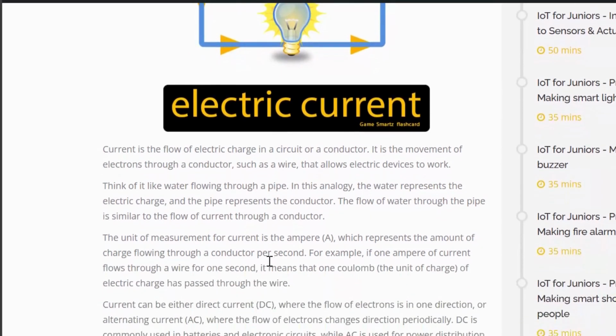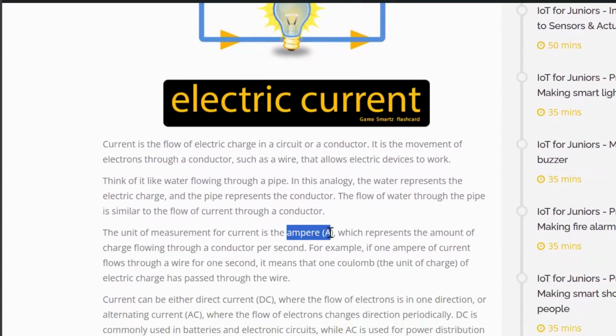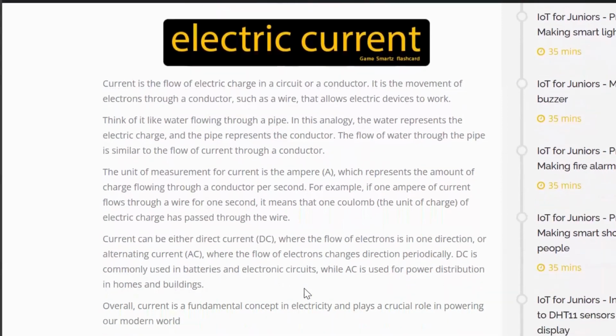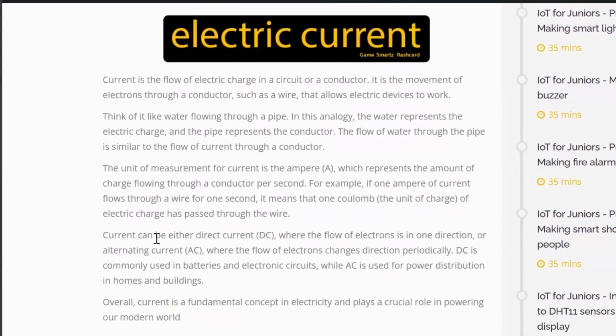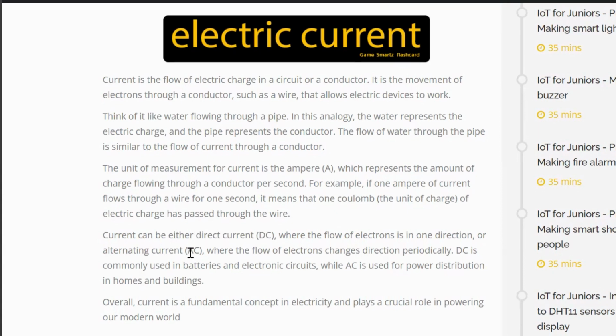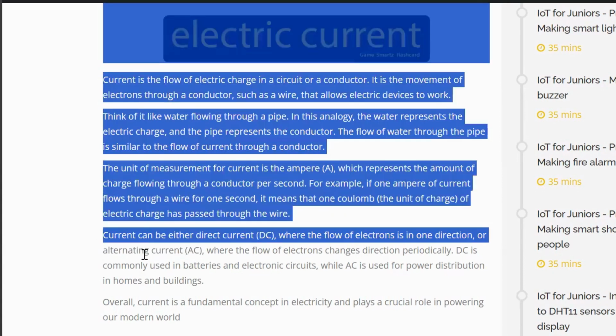So the SI unit for current is amperes. And there are two types of currents, direct current, known as DC, and alternating current. In our course we will deal with DC current more, and won't deal much with AC current, so I will not explain this part in depth.